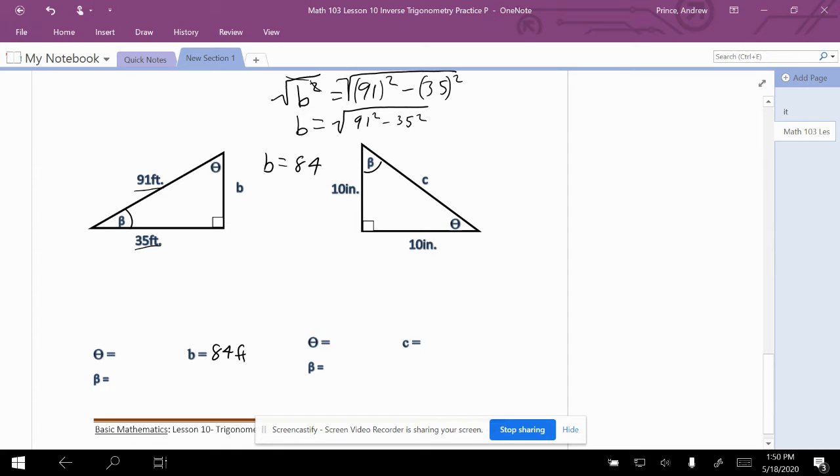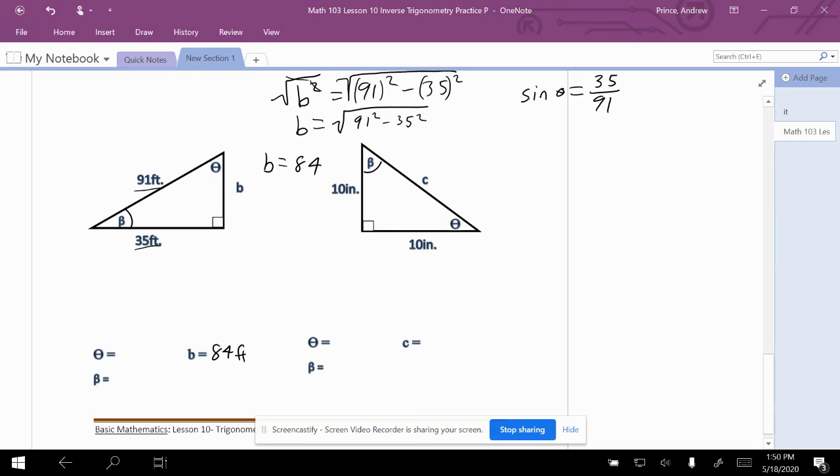Now let's look at doing some of the inverse trig to find our missing angles. So I'll start off with theta. If theta were our perspective, the opposite would be 35 and the hypotenuse would be 91. So opposite and hypotenuse, that's sine. So sine of theta is opposite 35 over 91.